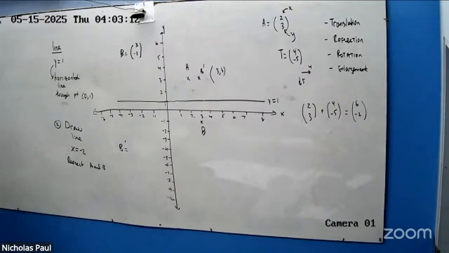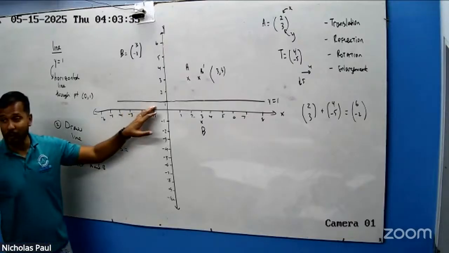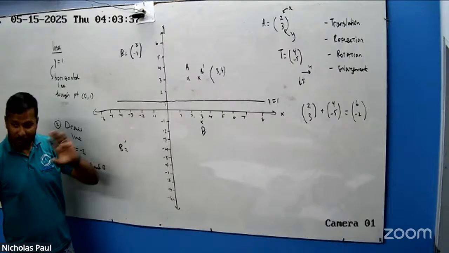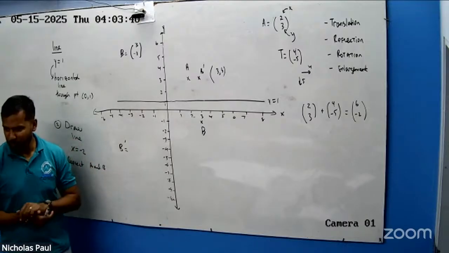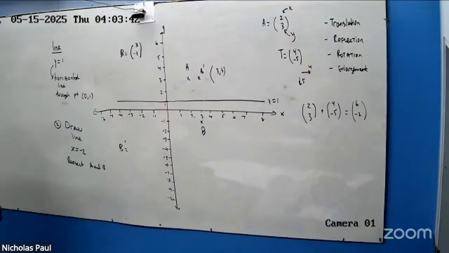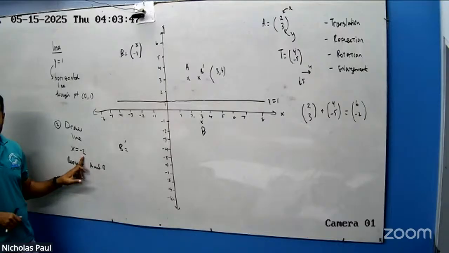Think of what y equals 1 looks like, and then use your critical thinking skills to figure out what x will look like. Going through 2 or minus 2? Minus 2.